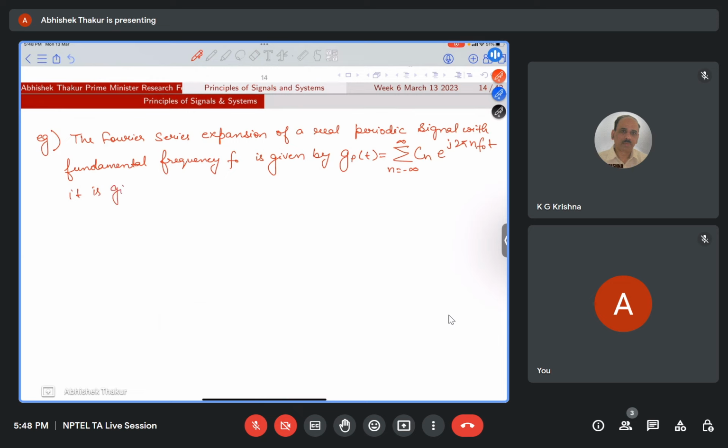It is given that C3 is equal to 3 plus j5, then find C of minus 3.